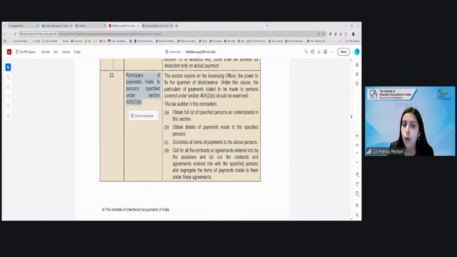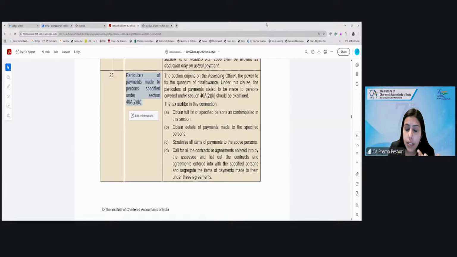interest in the business of the assessee, or any relative of the individual who has a substantial interest in the business of the assessee. In case of any company, firm, HUF, AOP, BOI having a substantial interest in the business of the assessee, or in any of their directors or partners. Right?